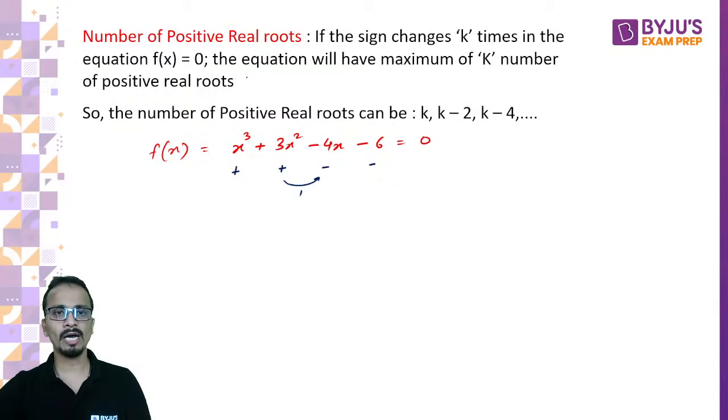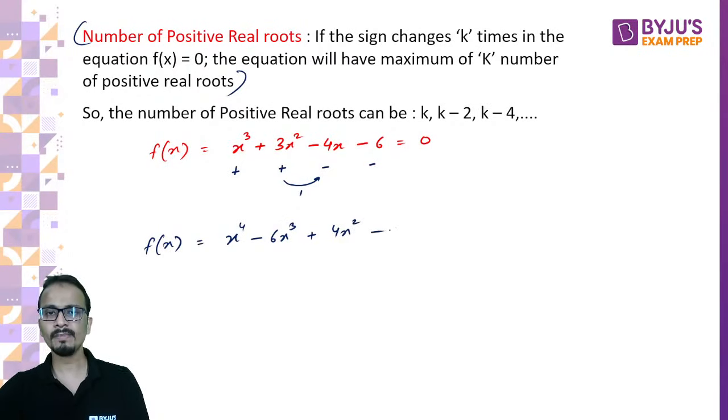I've just read up till this point; don't look at the next line. Let's take one more example. f(x) is equal to x raised to the power 4 minus 6x cube plus 4x square minus 2x minus 3 equal to 0.